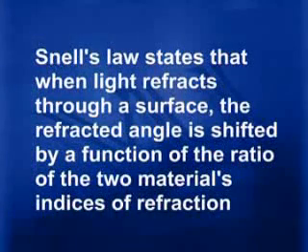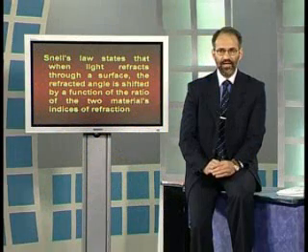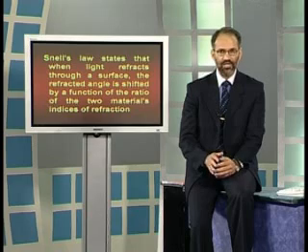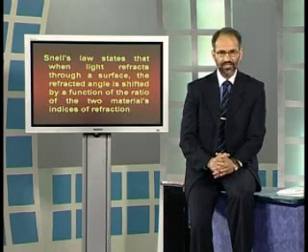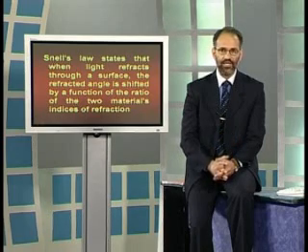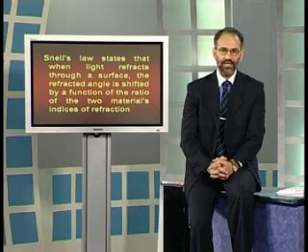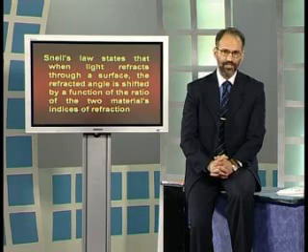Snell's law states that when light refracts through a surface, the refracted angle is shifted by a function of the ratio of the two materials' indices of refraction. So according to Snell's law, whenever light refracts through any surface, is transmitted and passes through, the angle of the refracted ray shifts relative to the incident angle, and that shift can be defined as a function of the ratio of the two materials' indices.